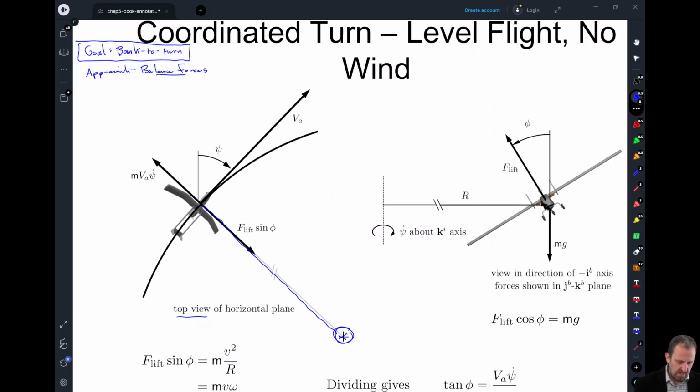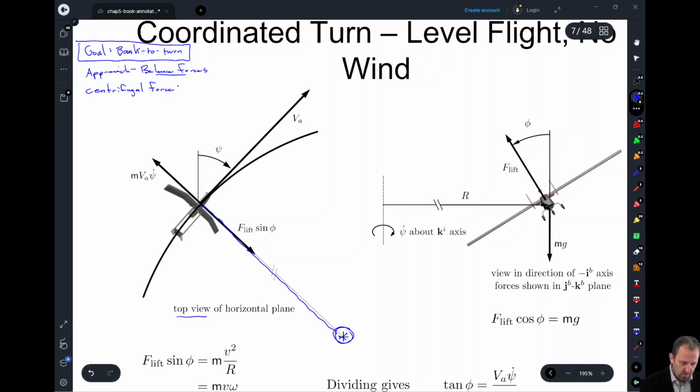Now, as we're moving around in a circular motion, our aircraft will experience what's typically referred to as a centrifugal force. If you've ever been on something that's spinning, you feel like you're getting pushed out.